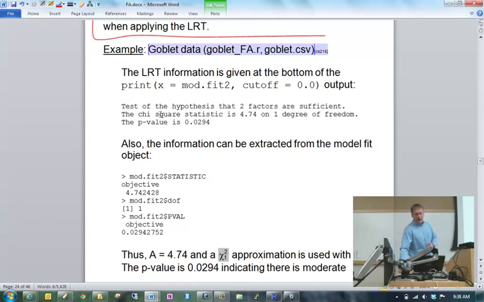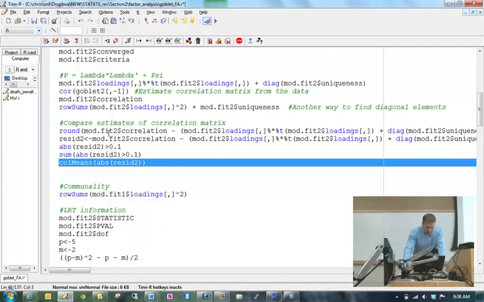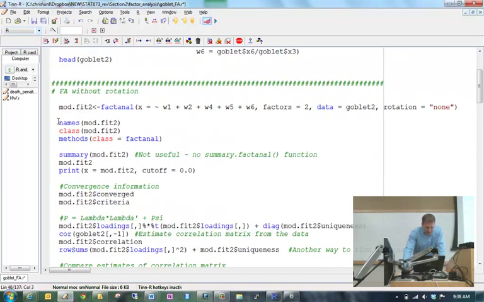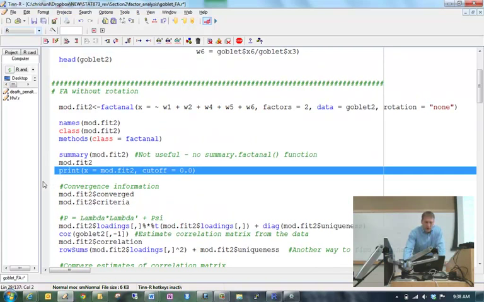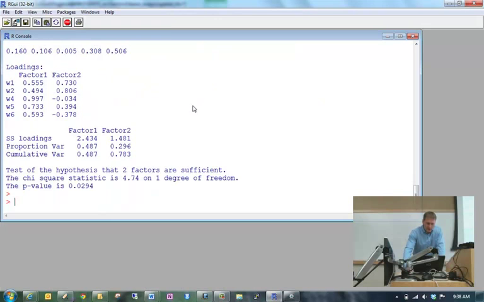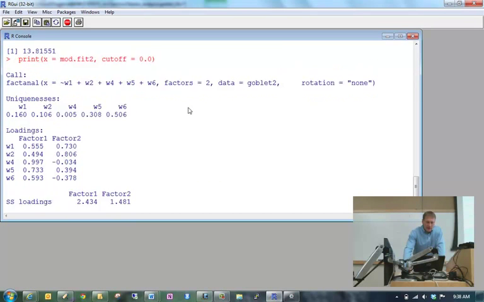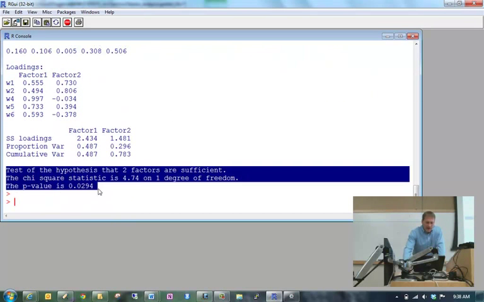So let's apply this now to the goblet data set. If we look at the output that we get from using the print function with our mod.fit2 object that we got from factor_nl, this is the output. At the very bottom, we have the necessary information that we're looking for.